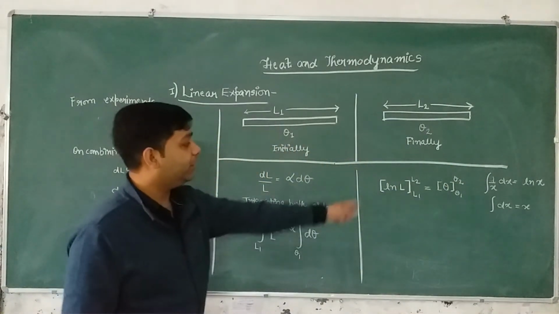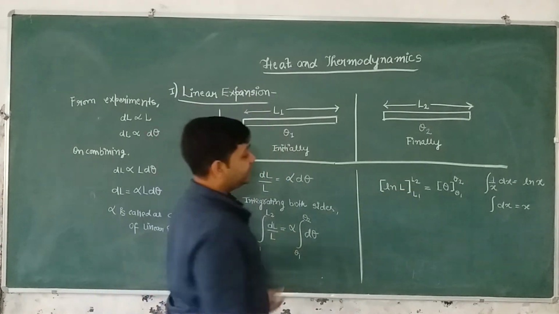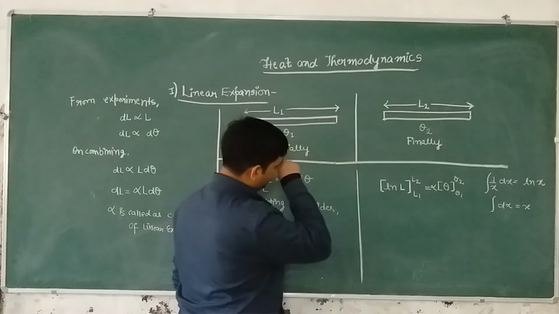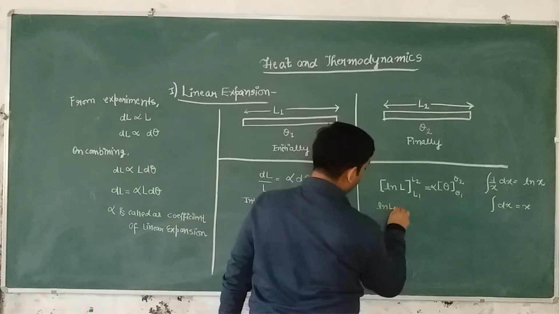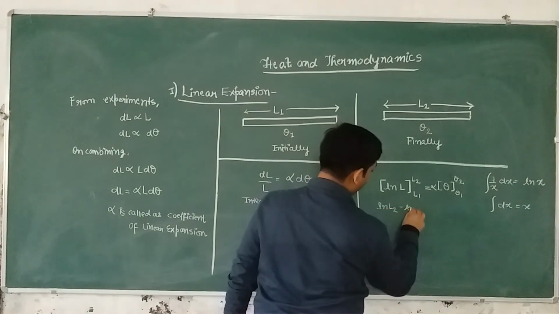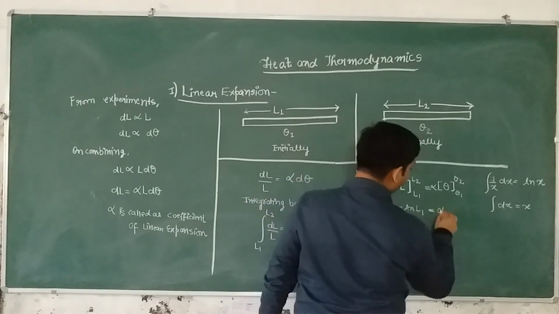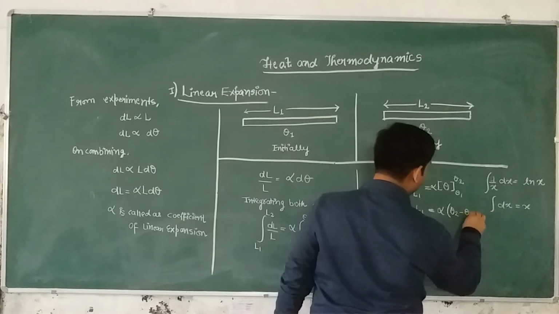Right? Now we will put the limits and we will solve it further, and we have to write this alpha also here. So this is alpha, right? So it will be ln of L2 minus ln of L1, and it is equal to alpha theta 2 minus theta 1.